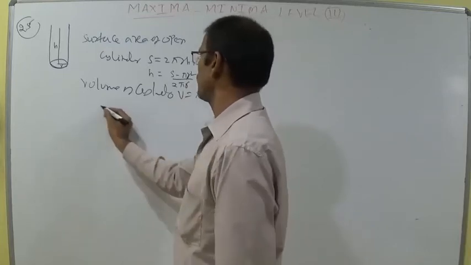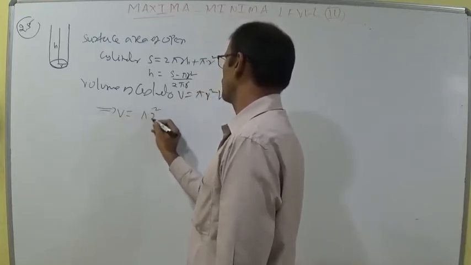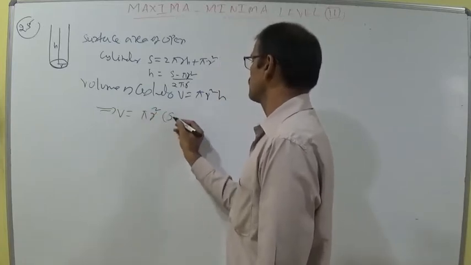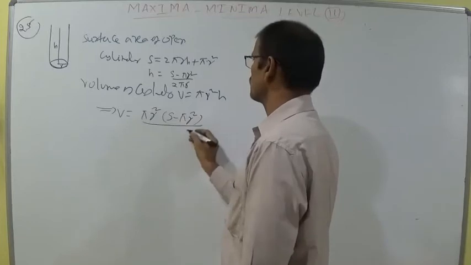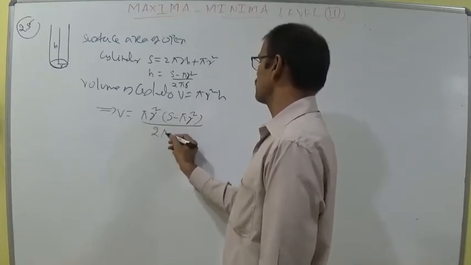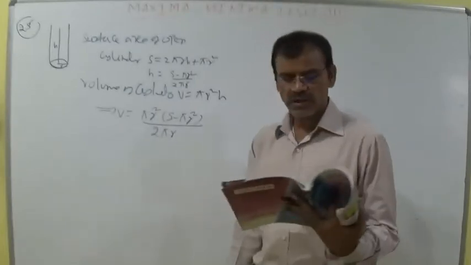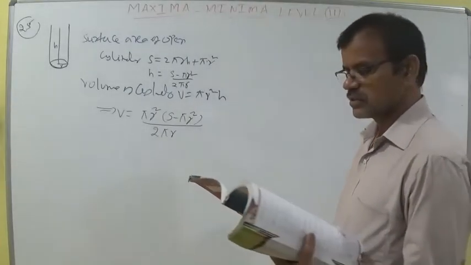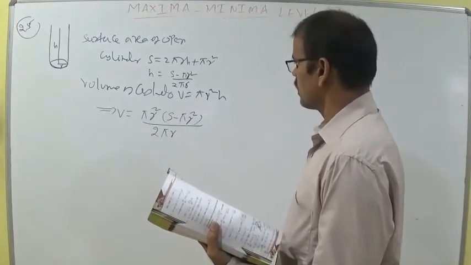That implies V is equal to pi r square into S minus pi r square by 2 pi r. So pi r square h we had written like this, and now h, S minus pi r square by 2 pi r, I had written.